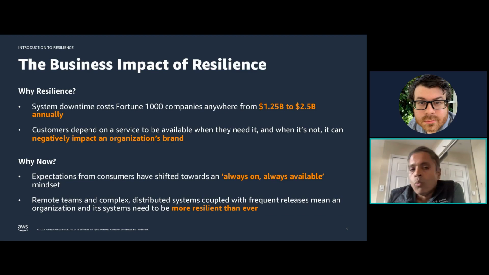So, why resilience? Companies that think holistically about system resilience are able to achieve greater system availability, and that has a direct impact on your company's brand and bottom line. According to IDC, unplanned system downtimes cost Fortune 1000 companies anywhere between 1.25 billion to 2.5 billion annually.